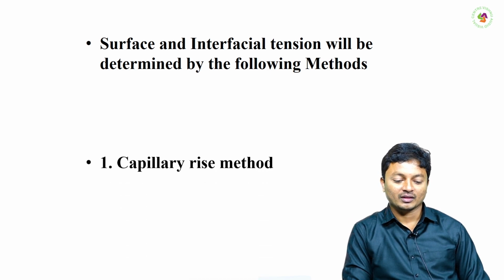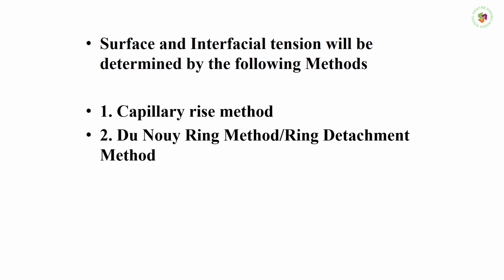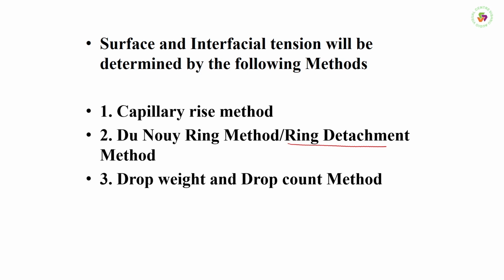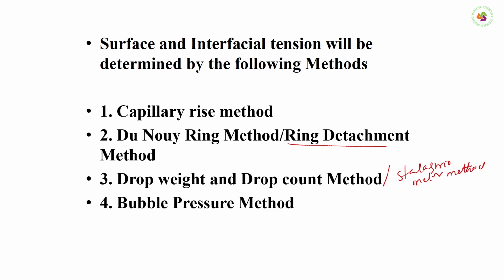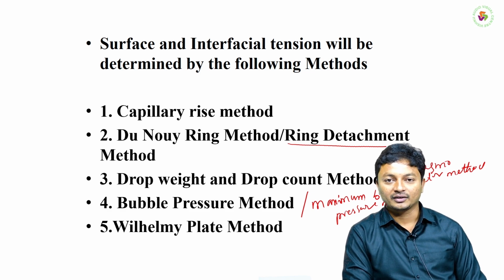Those methods are capillary rise method, Dunoy ring method, which is also known as detachment method, drop weight and drop count method, which is also known as stalagmometer method, maximum bubble pressure method, and Wilhelmy plate method.